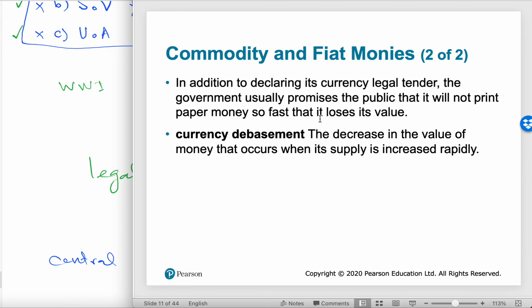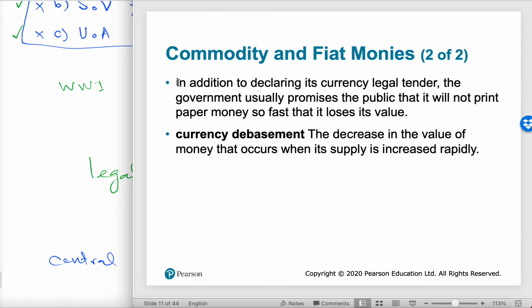In addition to declaring that its currency is legal tender, the government usually promises the public that it will not print paper money so fast that it loses its value. So the responsibility of the government is to keep its value intact.